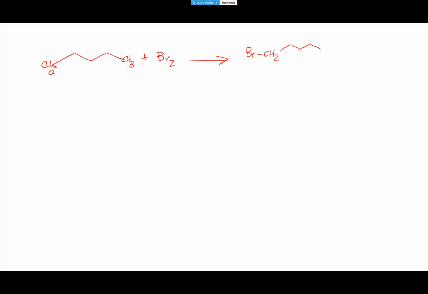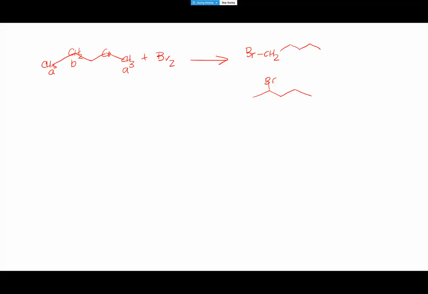So those 2 methyl groups are going to give the same product. Now, what about the CH2 here? Then I'm going to get 2 bromopentane. So that's a different product.